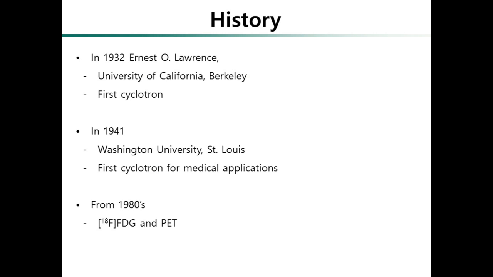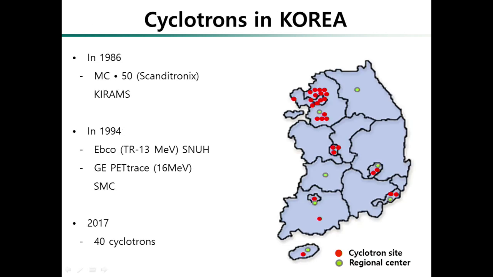And after the invention of FDG and also the PET scanner, there was plenty of increase in nuclear medicine imaging. And then we also got big machines, like the cyclotron or PET machine. In 2017, last year, we had almost 40 cyclotrons, and we also plan two more cyclotrons in Korea.